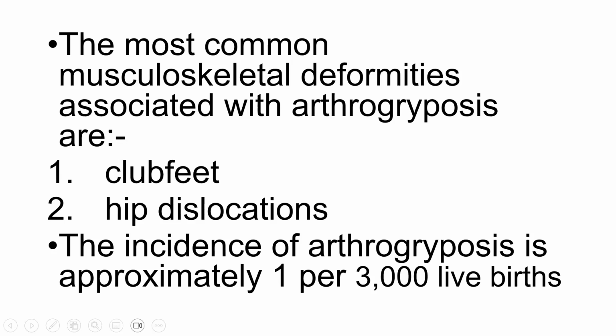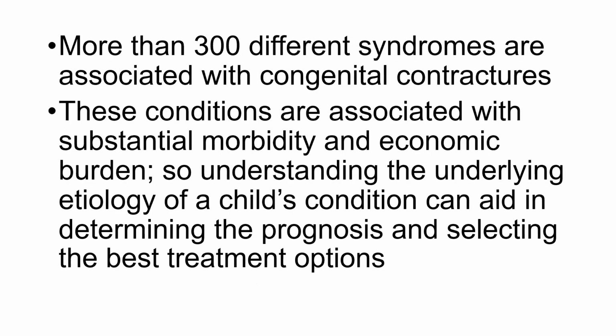More than 300 different syndromes are associated with congenital contractures. These conditions are associated with substantial morbidity and economic burden. So understanding the underlying etiology of a child's condition can aid in determining the prognosis and selecting the best treatment options.